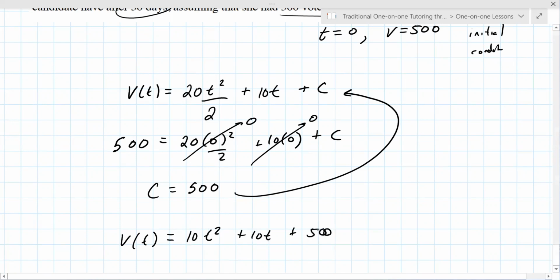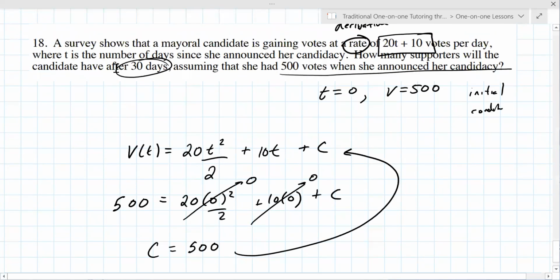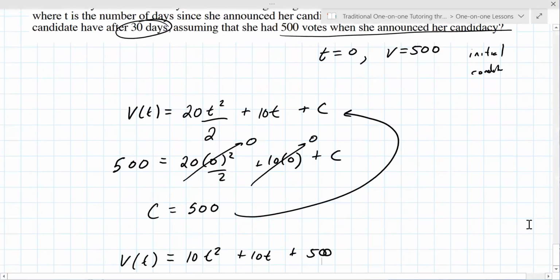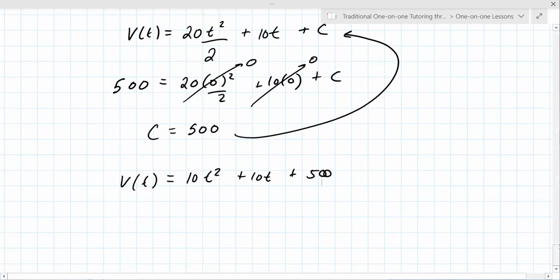And the question asks, if we go back up, how many supporters will the candidate have after 30 days? So that means t equals 30. You need to find v of 30. That's a huge number.